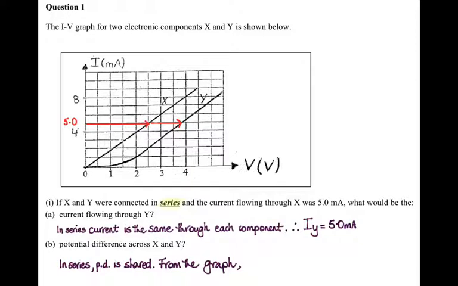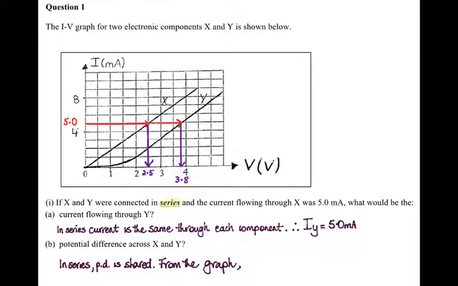So if we look at the graph and we have 2 currents that are the same because they're in series, the 2 voltages must be different and they must add up. So all we do is read off the voltages off the graph. For X, the voltage is 2.5. For Y, the voltage is 3.8.